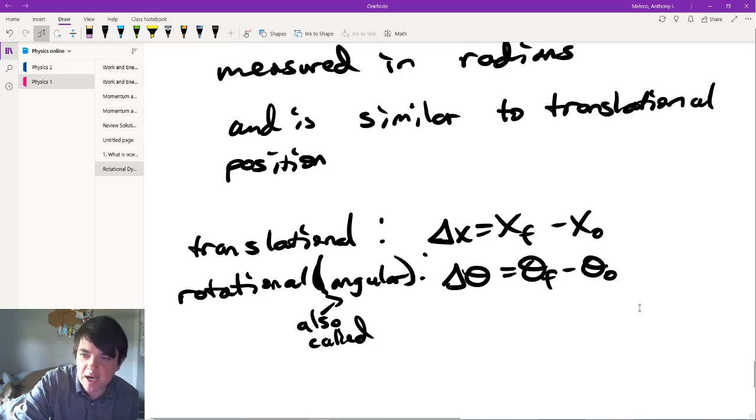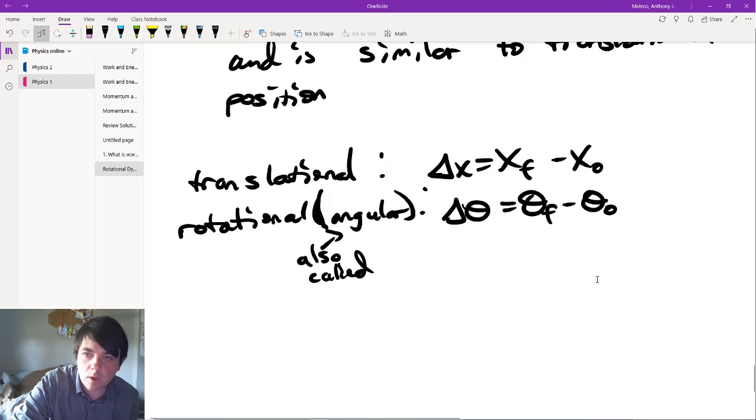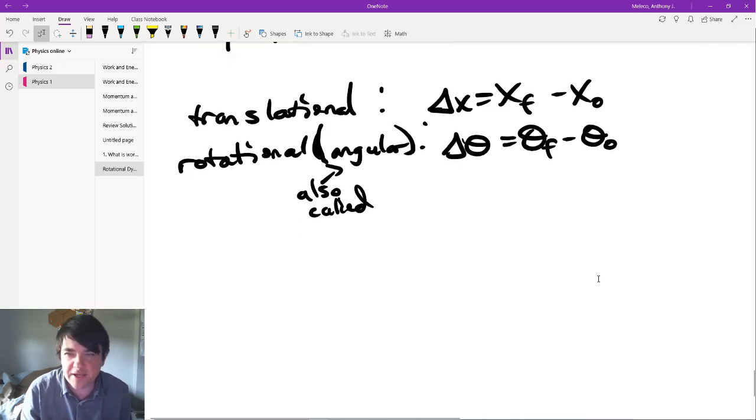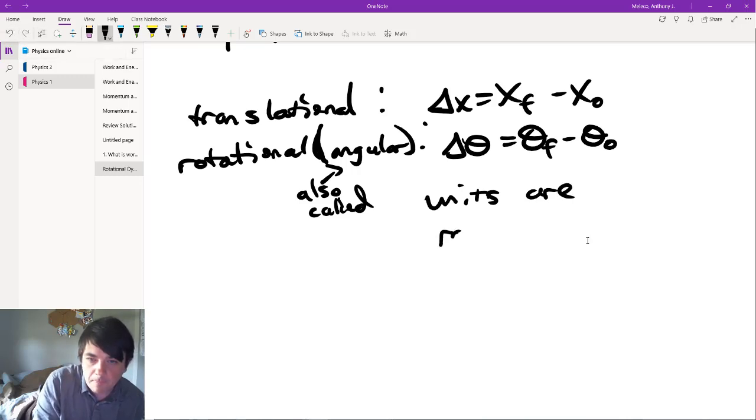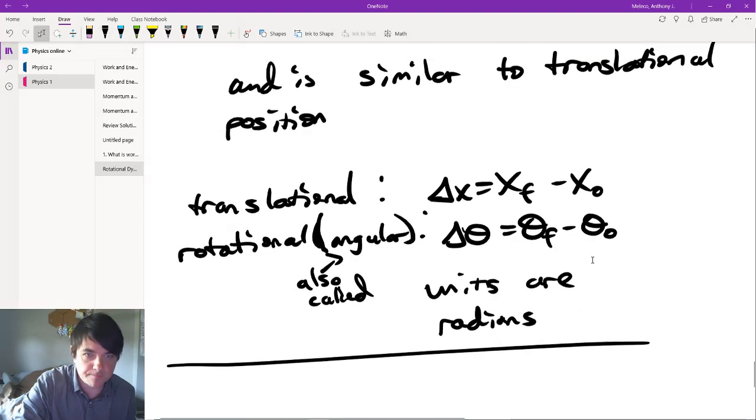You may also see I as opposed to O. I use those interchangeably again. O's a little bit easier to write. These units are radians. Okay, so that's position covered.